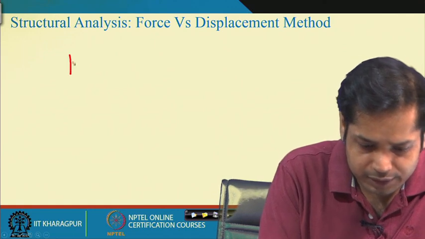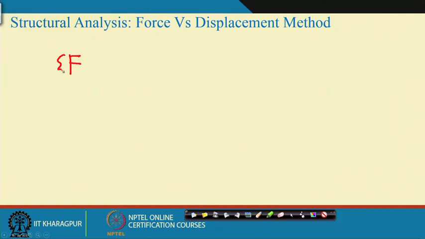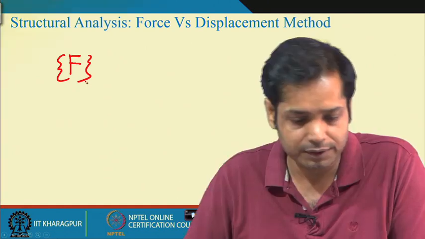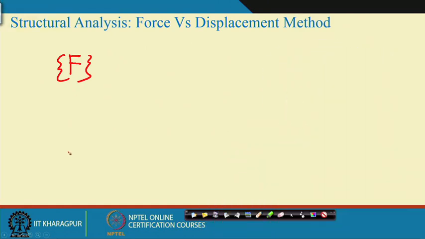When we say force, it accounts for everything, force, moments, everything is a vector. Suppose it is a force and this is displacement, okay. And again when we say displacement, it accounts for displacement, rotation, everything.